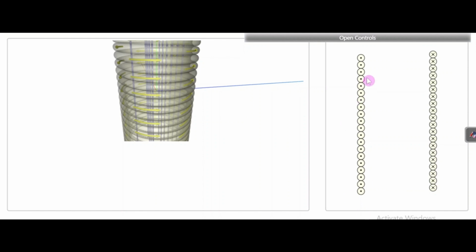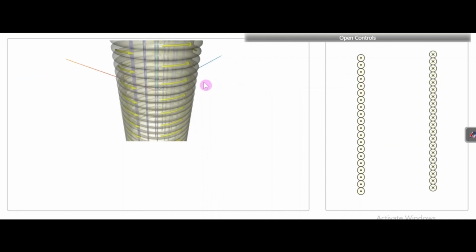So we denote that the current is towards you in the form of a dot. These circles are actually the conductors, so here are a large number of conductors. So this is actually the vertical cross-sectional diagram of this solenoid.